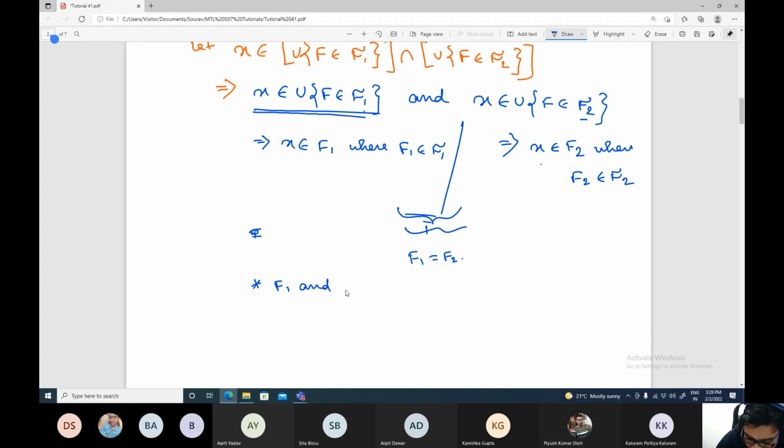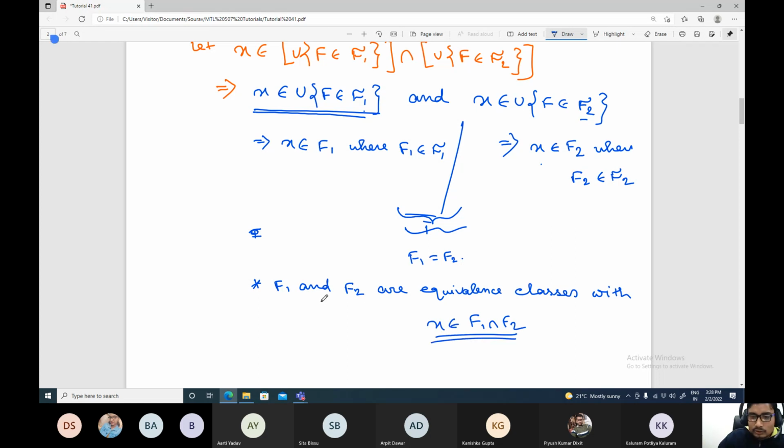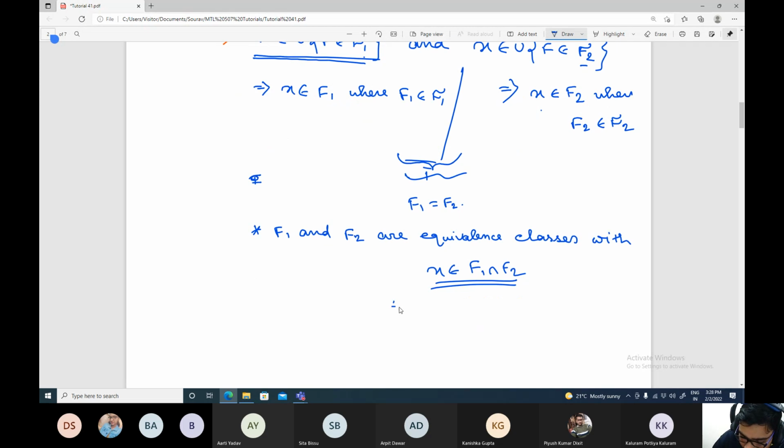F1 and F2 are equivalence classes with the property that they have non-empty intersection, mainly this x. Therefore F1 equals F2.